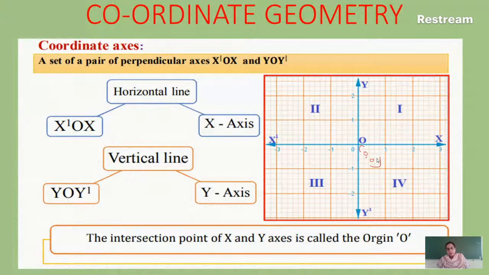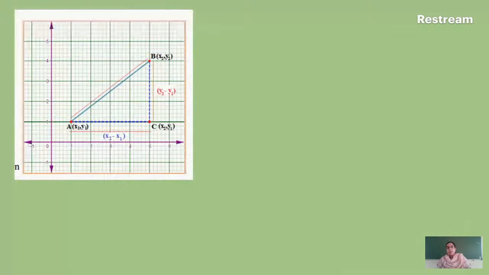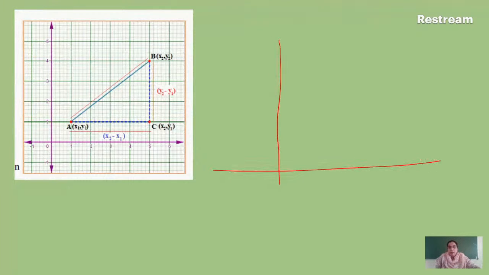And next, whenever a Cartesian plane is given, say this is your Cartesian plane, and if you look at any 2 points, say this is a point x1, y1, and another point x2, y2.